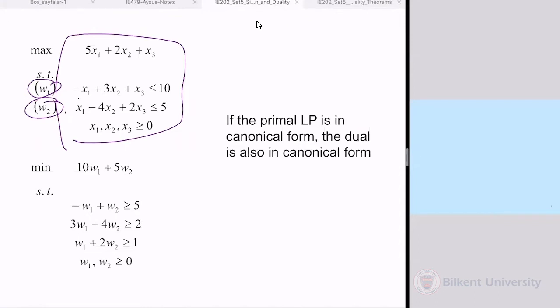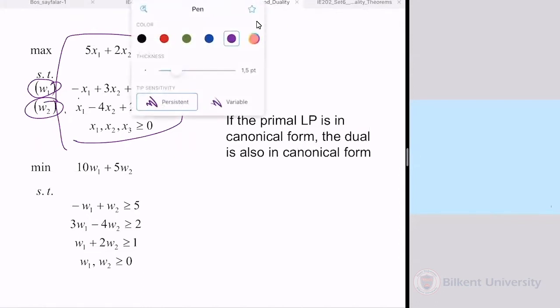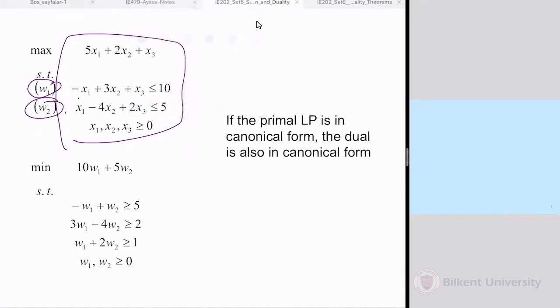Then I will write, let me change my color a little bit. Now I will write a constraint for each variable in the primal. So this is x1, right? These are the multipliers of x1. So I'm going to write a constraint for x1. Minus 1 times W1 plus W2 should be at least 4.